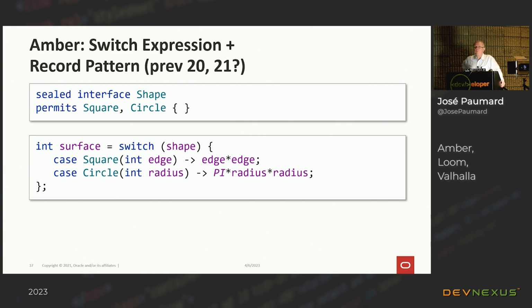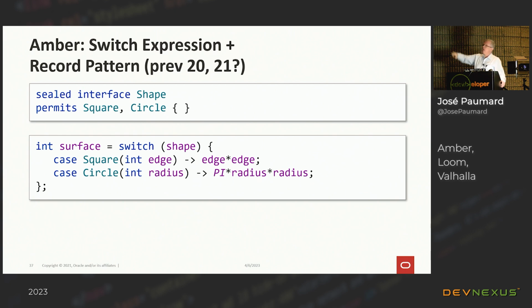Yeah, question? So if in the switch statement you just had square and not circle, would it throw an error and say, hey, I noticed that you need...? Yeah, absolutely. So the question is, if I forget a branch, then this code will not compile. The compiler will tell me, hey, you are missing 1 case here.